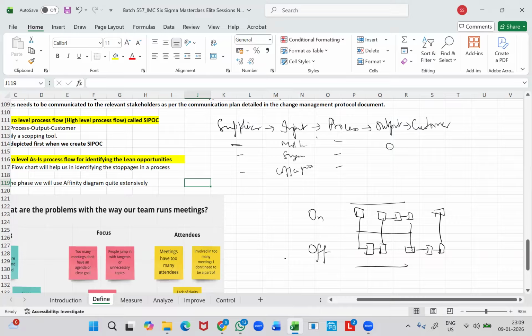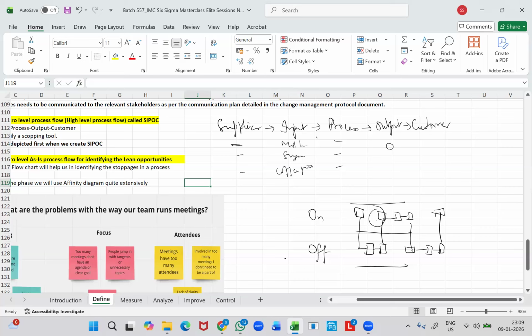So when we identify a bottleneck area in the process, when we actually look out for lean opportunities, we can clearly understand which particular team is executing that activity. Suppose I have identified a bottleneck or stoppage in this activity. So I can clearly understand that this activity is being executed by the onshore team.